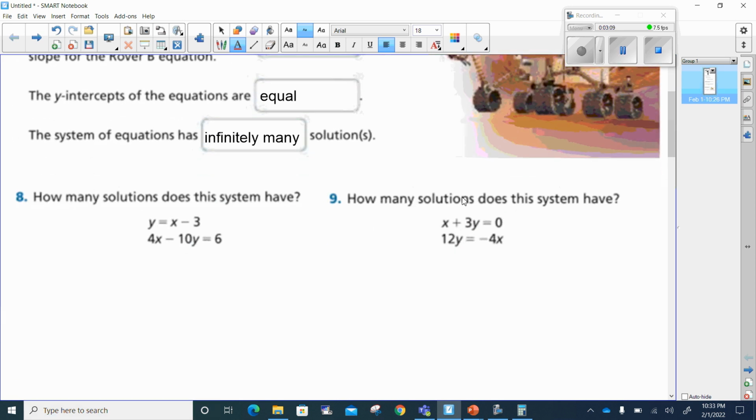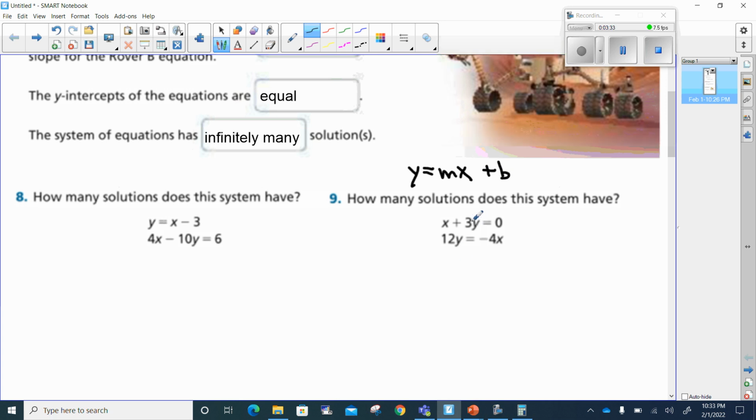Number 9 says, how many solutions does this system have? Once again, we got to rearrange everything. I'm going to start over here. Remember, we want everything to be in the form of y equals mx plus b. So let's go ahead and move this around.